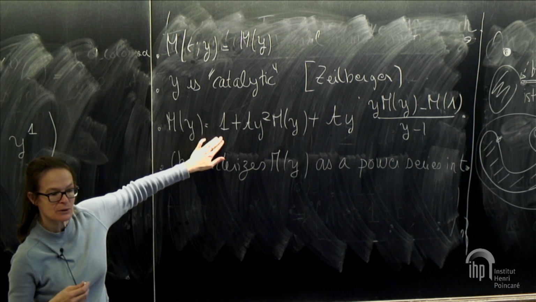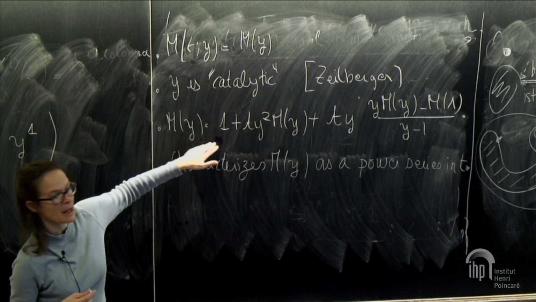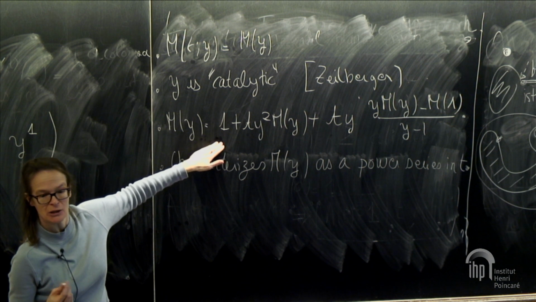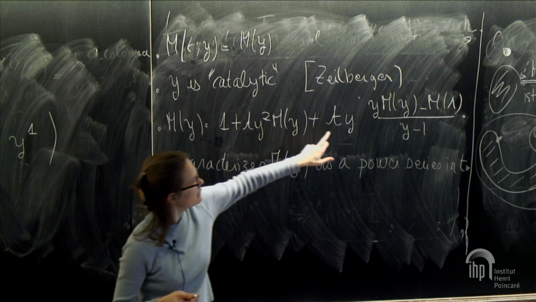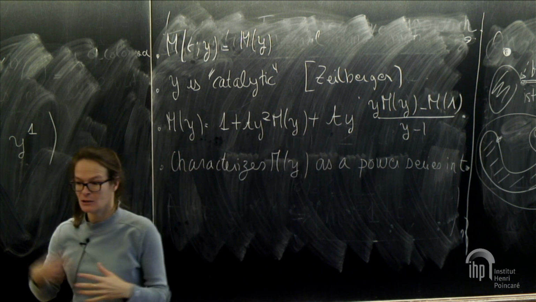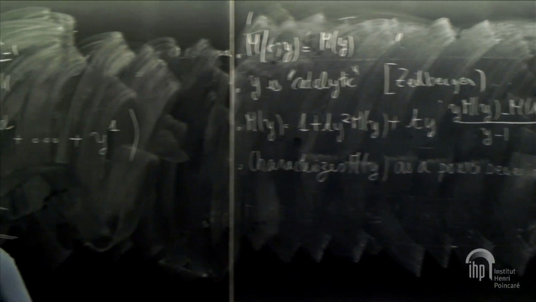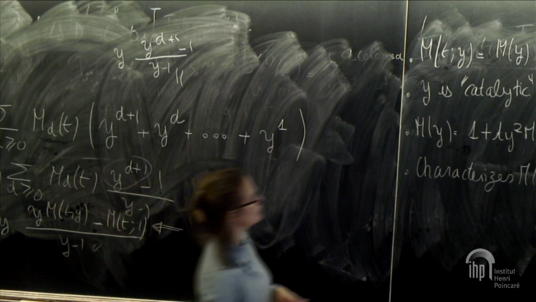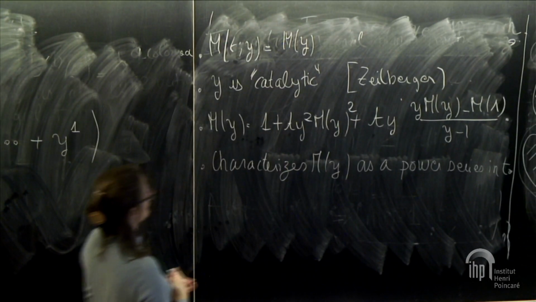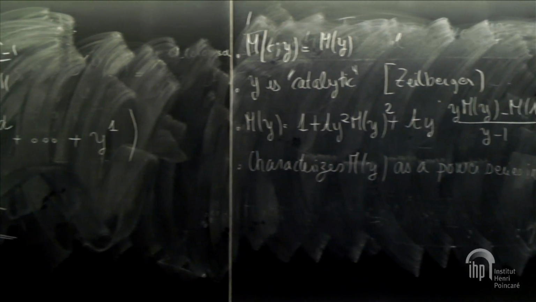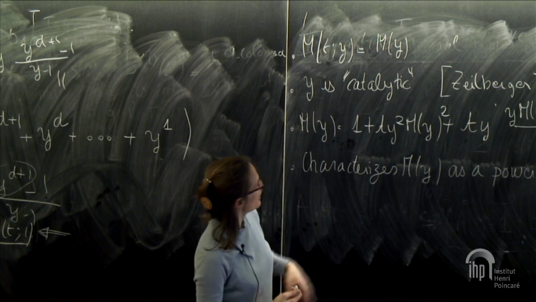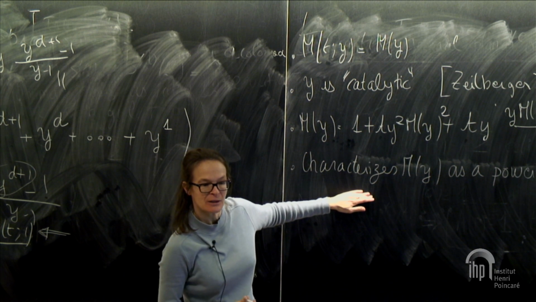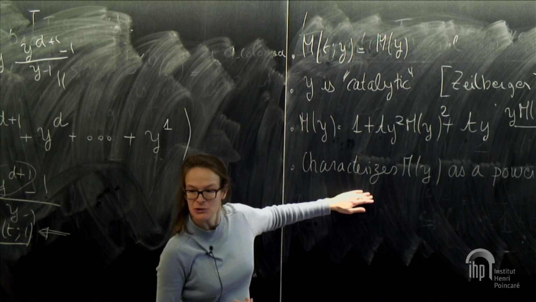And if you assume that you know this series m of y up to the coefficient of t to the n minus 1, then, again because of these factors t, you can compute the nth coefficient. Yes? Your equation is linear. There should be an m squared. Thank you. Well, not completely obvious either. Okay, so that's an important point. We have a unique power series solution of this equation.